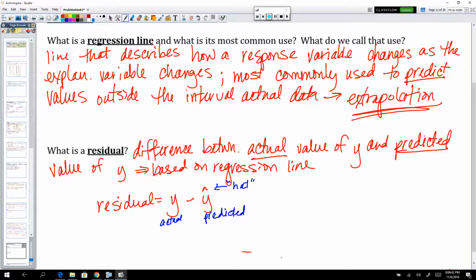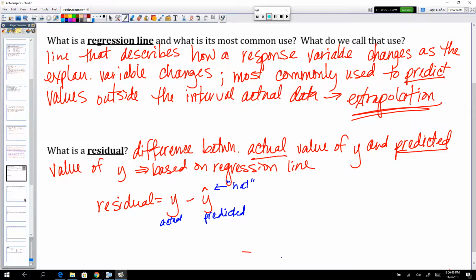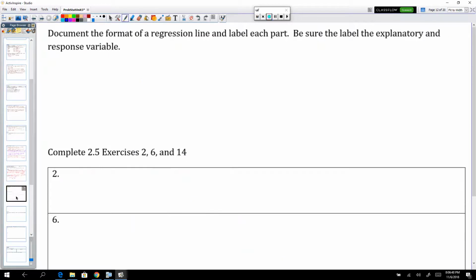Okay. Now, the format of a regression line. It is similar to the lines you've seen in the past, with a couple of just slight changes. And I've left you a lot of room here so that you can pull out each individual part and label it. So y hat equals a plus bx. And we're going to label each of these parts to explain what each of these means.